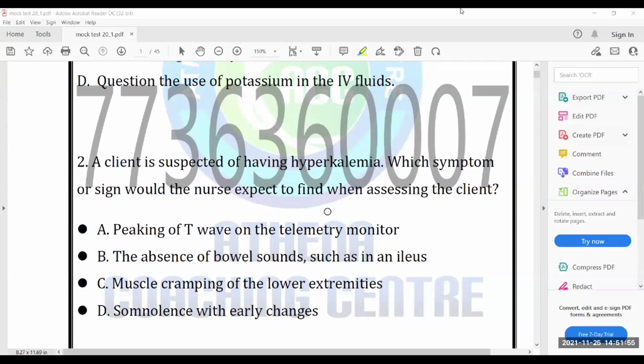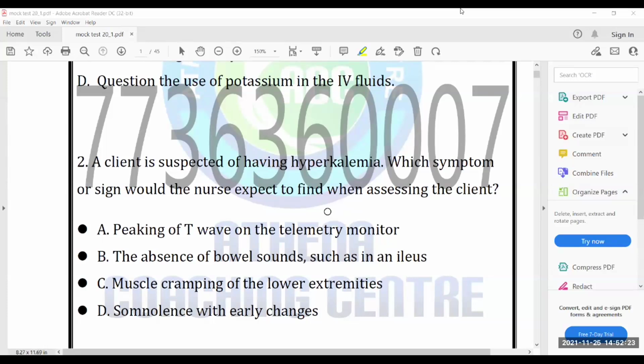Low sodium causes confusion, loss of energy, drowsiness, restlessness, irritability, muscle weakness, and lastly seizure. It will affect mood.